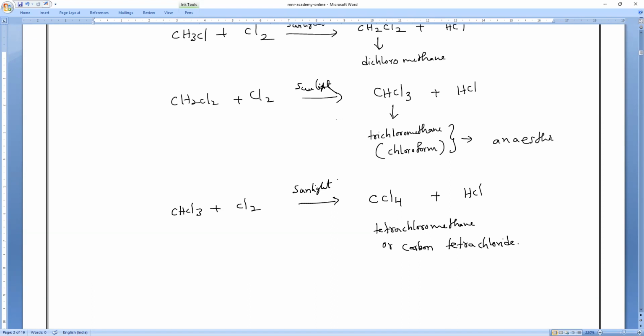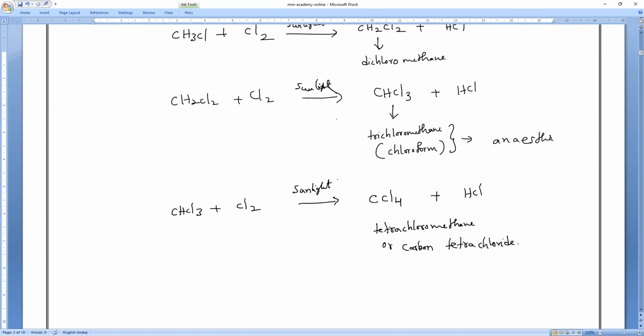The reaction in which one or more hydrogen atoms of hydrocarbons are replaced by some other atoms, basically halogens like chlorine, is what we call a substitution reaction. Remember, substitution reactions are the characteristic property of saturated hydrocarbons, most important one, write it, alkanes.